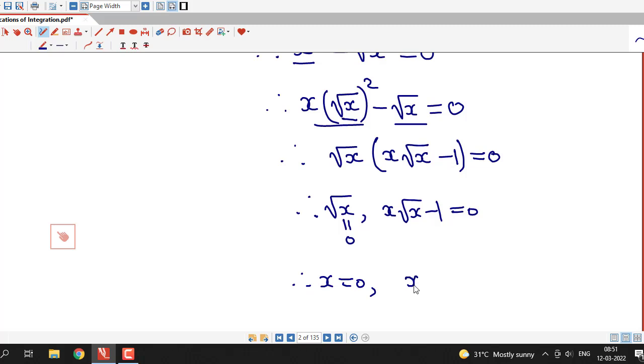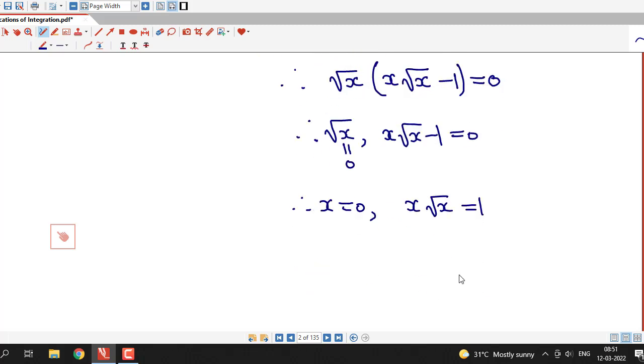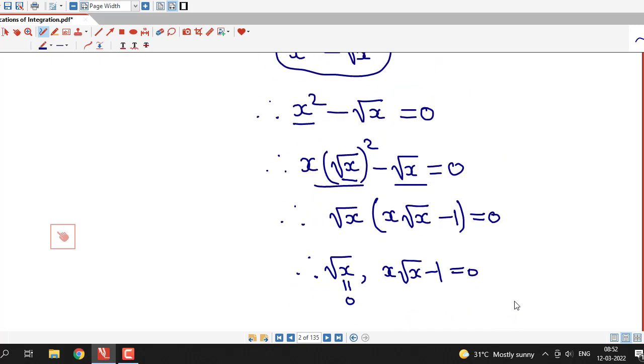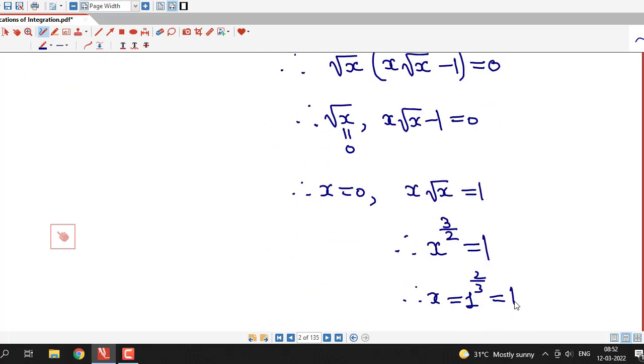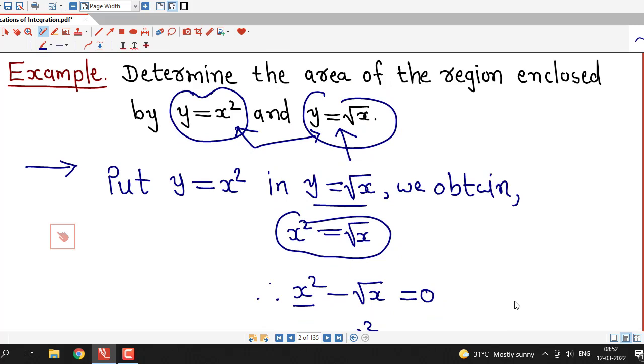Another possibility is x into under root of x equal to 1, or we can say that x raised to 1 plus 1 by 2. So this we can rewrite as x raised to 3 by 2 equal to 1. Therefore x equal to 1 raised to 2 by 3, or x equal to 1. So we obtain two values, x equal to 0 and x equal to 1.